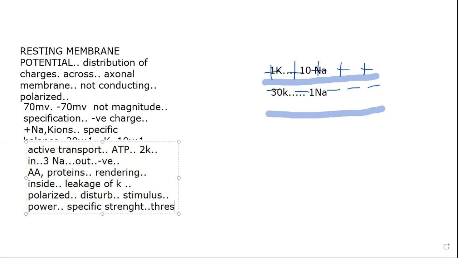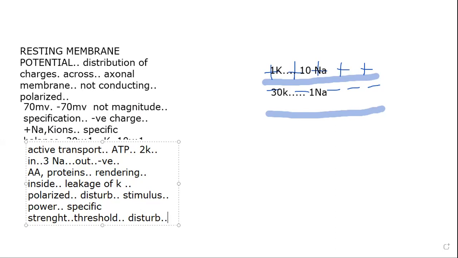The minimum power of the stimulus that is required to disturb the distribution across the membrane is known as the threshold. If the threshold is strong enough, then that is said to be enough to disturb the distribution.